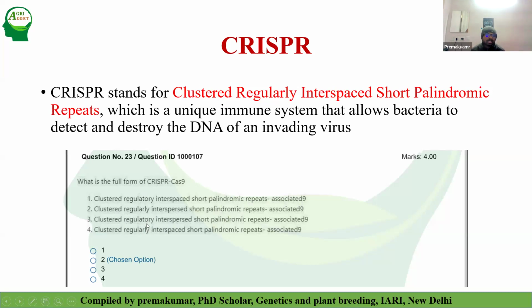It is not regulatory. The answer is clustered regularly interspaced short palindromic repeats. Now understood? Yes, the fourth one is the option. Did anybody make mistakes here? You are losing 5 marks: if you attempt with negative marking and make a mistake, you lose 5 marks.